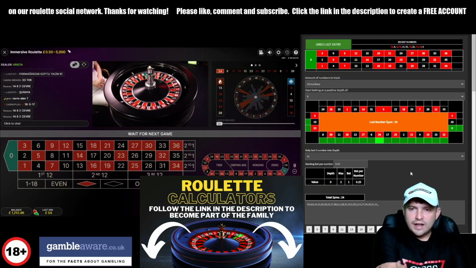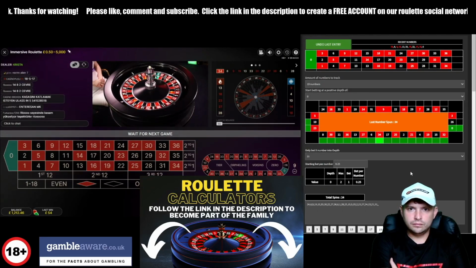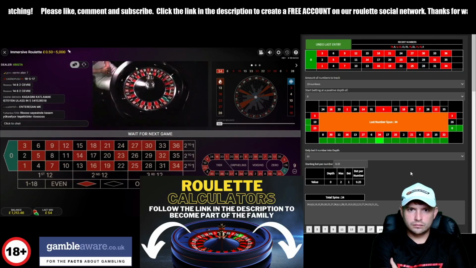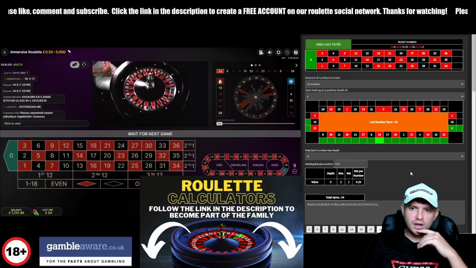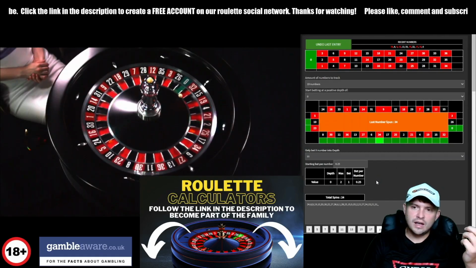He is waiting for that depth of 0 to come out. Okay, that looks like it's gone back to the highlighted zone, so I don't think he'll be putting a bet on just yet.